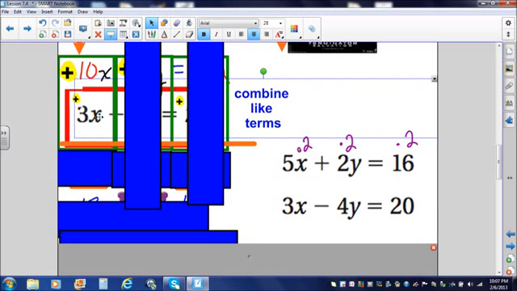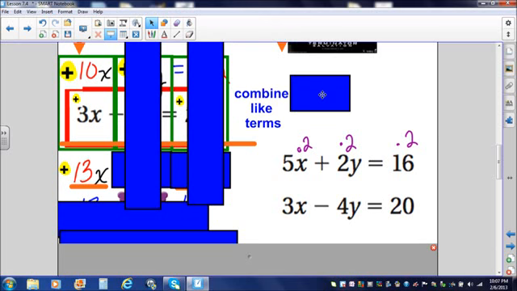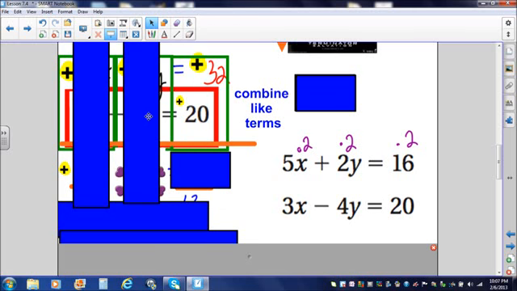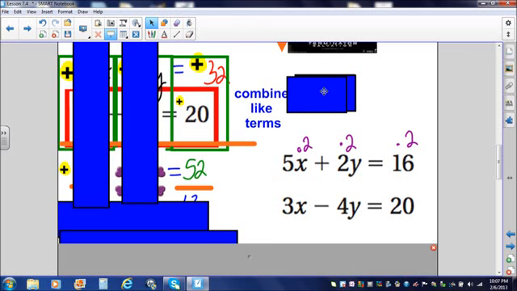Positive 10x and positive 3x is going to give me 13x. Positive 4y and negative 4y are going to get terminated. They're canceled. Cool. Positive 32 and positive 20 is going to give me 52.